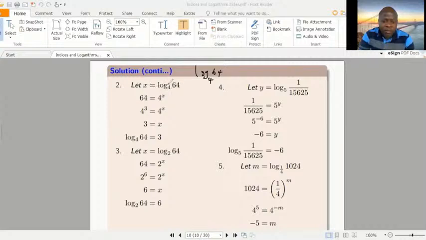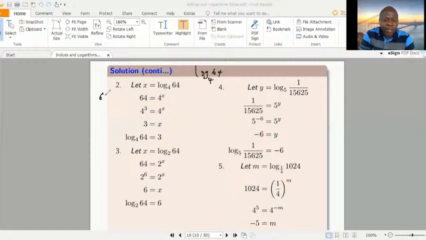So to write in index form, it will be 4 raised to x equals 64. Then check if 64 can be written in terms of 4.